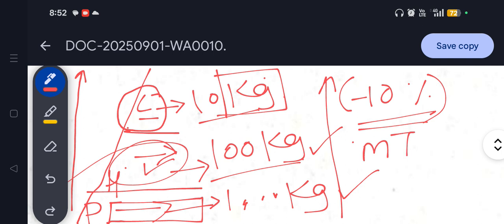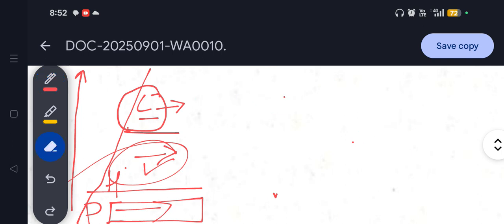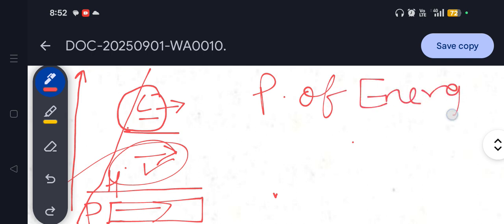mt. Now, as you understood this type of pyramid, we will be focusing on the pyramid of energy. This pyramid of energy is the same as the pyramid of biomass, but the only difference is that here kg or metric ton is not the parameter of measuring the levels under each trophic level of the pyramid.